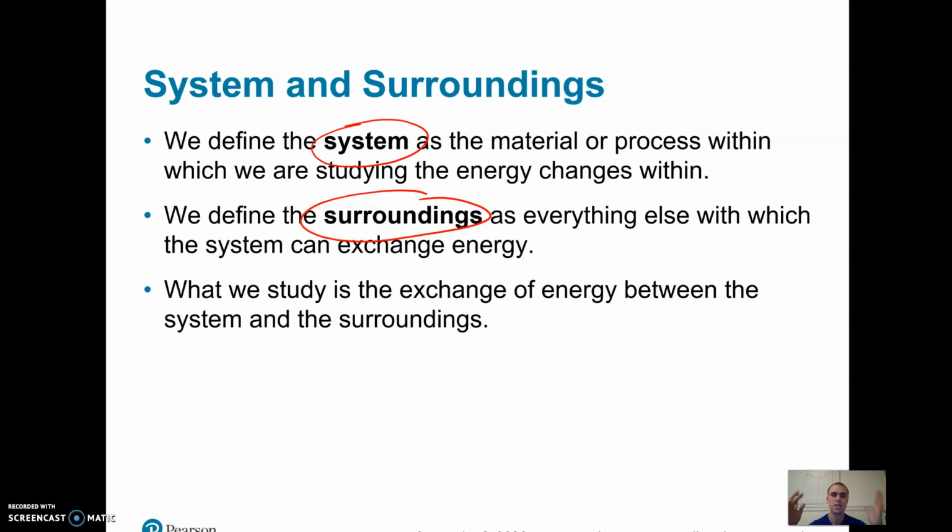The water doesn't participate in the reaction, and so the water would not be the system. It would be considered the surroundings. Okay, the beaker, the air, your hand, the universe, whatever, would be considered the surroundings. Small individual things only would be considered the system.